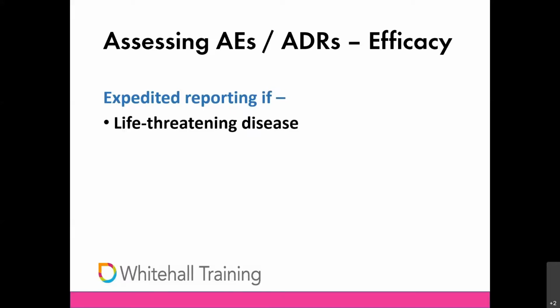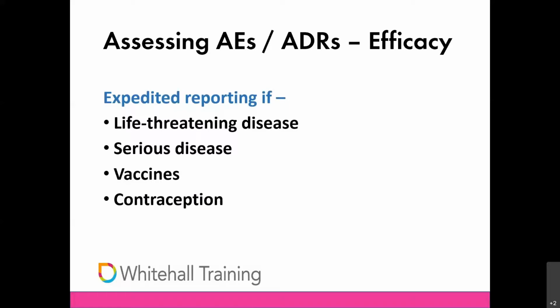If a drug is used to treat a life-threatening disease and the efficacy is shown to be low, or a serious disease, if it's a vaccine, or if it's a contraceptive, then it can be right to treat it as if it was an adverse event, so report it using expedited reporting.